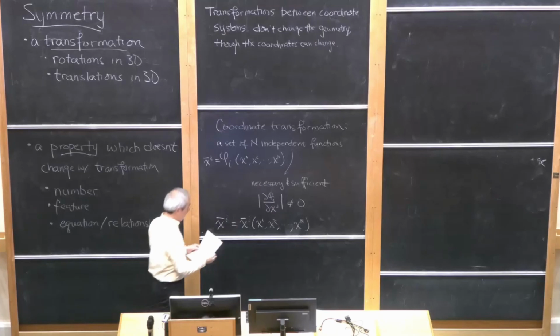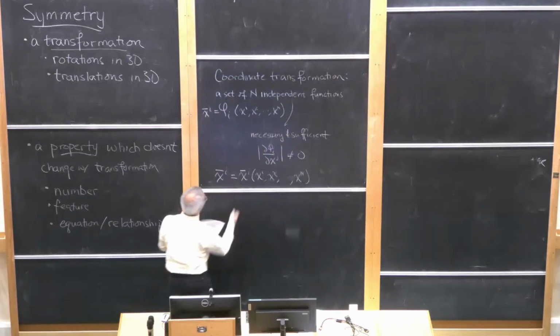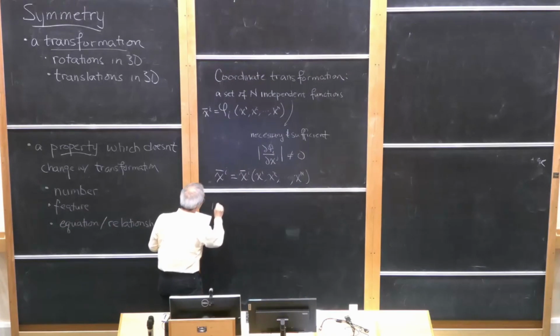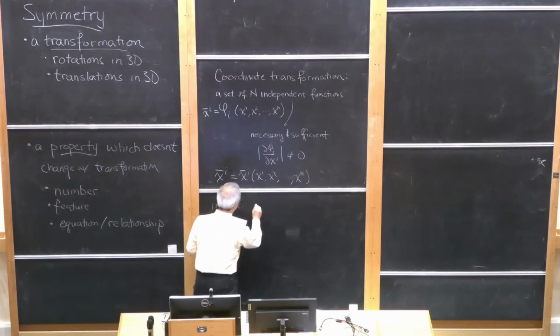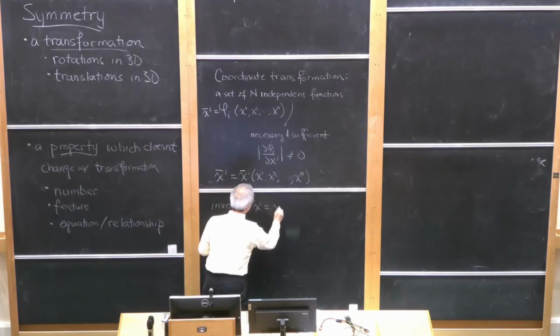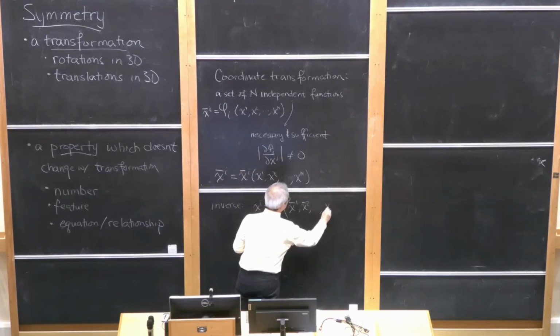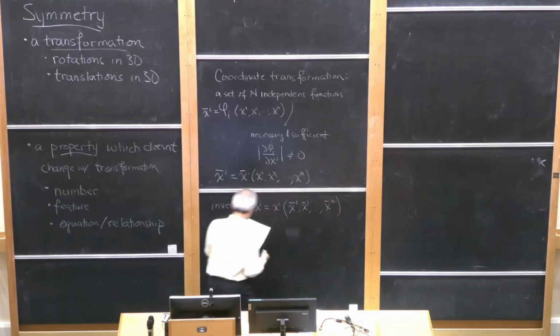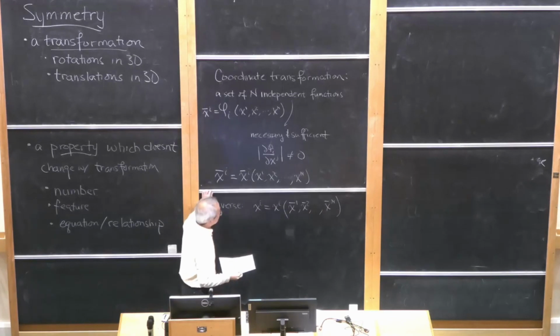And then when we talk about the inverse, I'll slip this in here: we say that x i is equal to functions of x bar 1, x bar 2, etc. up to x bar n. Okay?